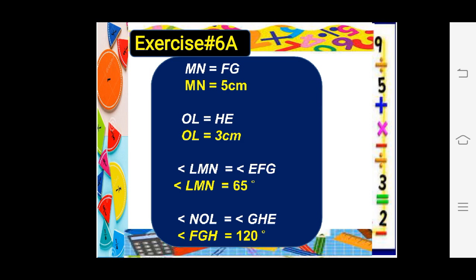Side OL corresponds to HE, so the length of side OL is 3 centimeter. Angle LMN corresponds to angle EFG, so the angle LMN is 65 degrees. Now angle NOL corresponds to angle GHE and the angle NOL is 120 degrees.